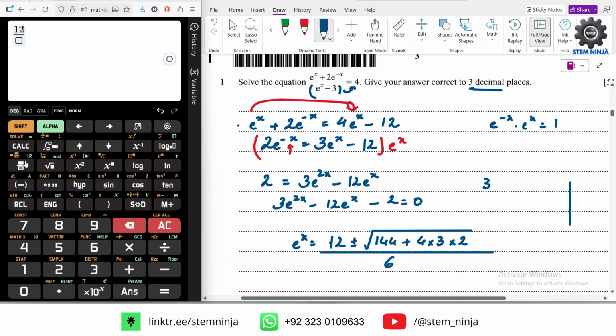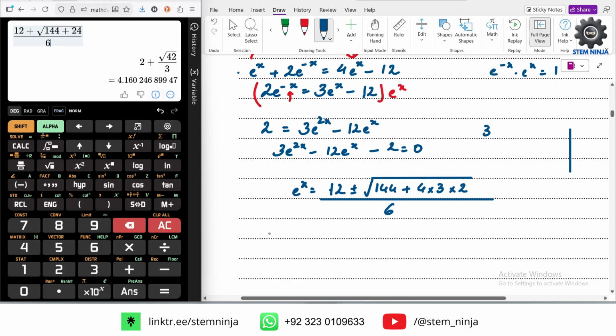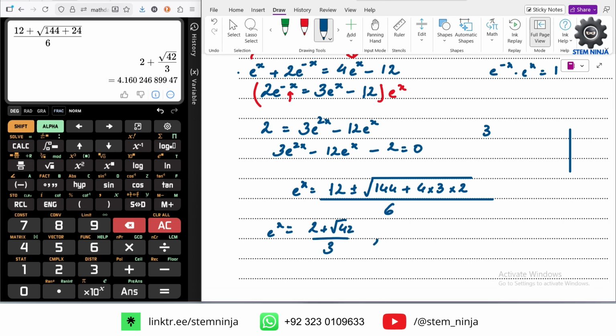So 12 plus the square root of 144 plus 24, sorry, 4 times 3 times 2, that is 24, and this is 6. Right, so one answer is (2 + root 42)/3, and the other answer would be (2 - root 42)/3.